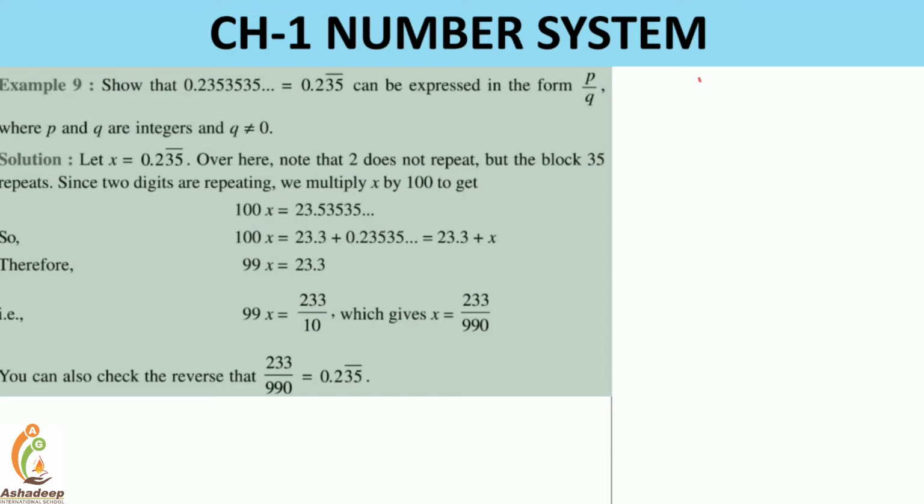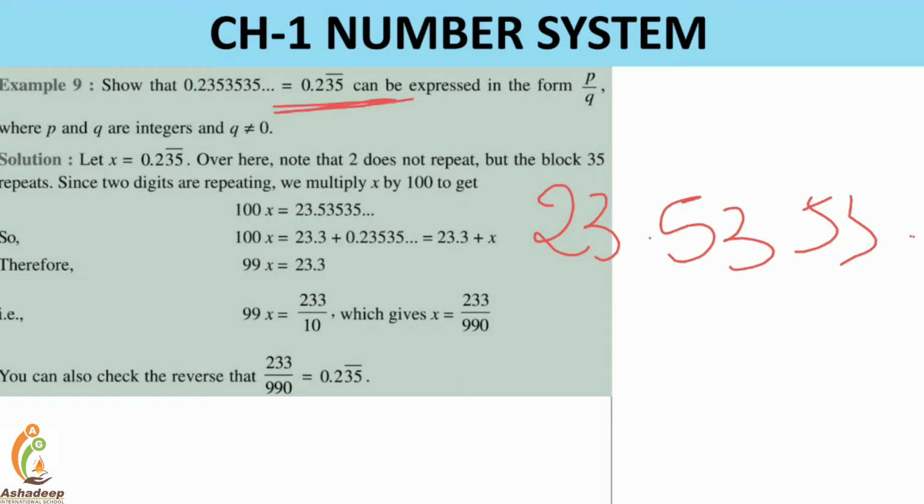See, I have to subtract 23.53, 23.53 and 53 goes on and on, and from what? So it is nothing but 0.2353 5, right?